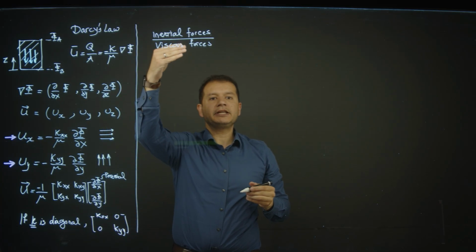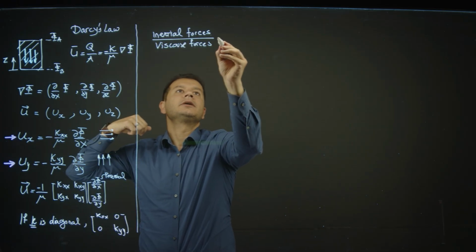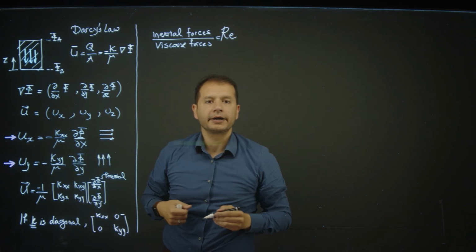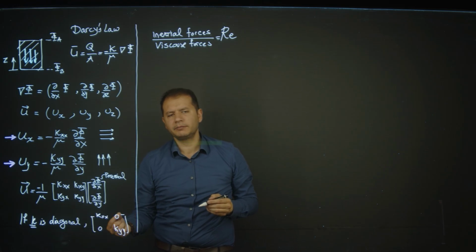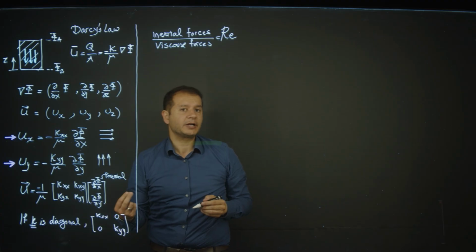The ratio between inertial forces and viscous forces is called the Reynolds number, Re. It's an essential fluid dynamics non-dimensional, dimensionless parameter or quantity, the Reynolds number.